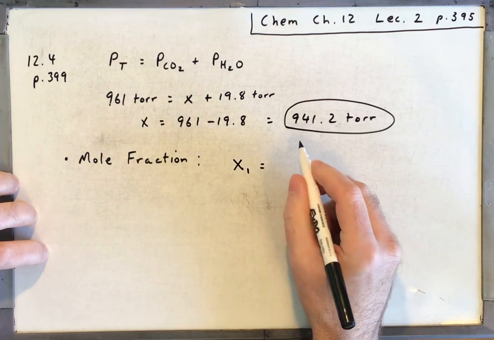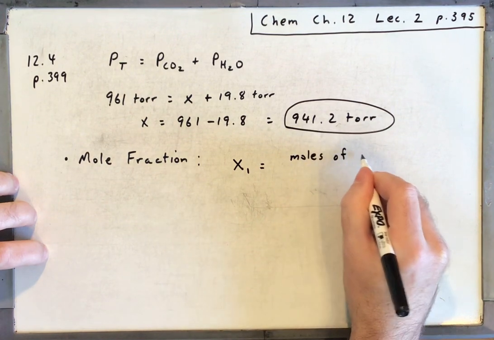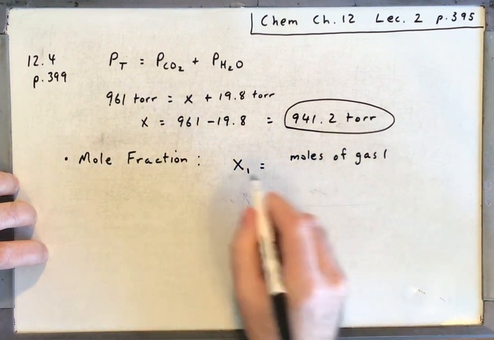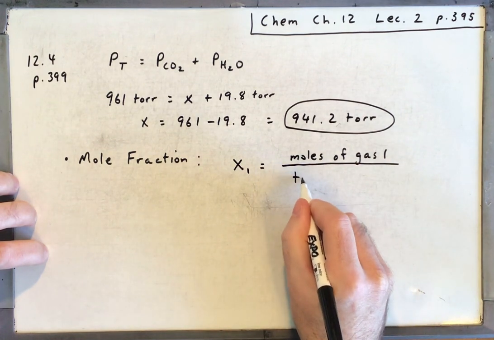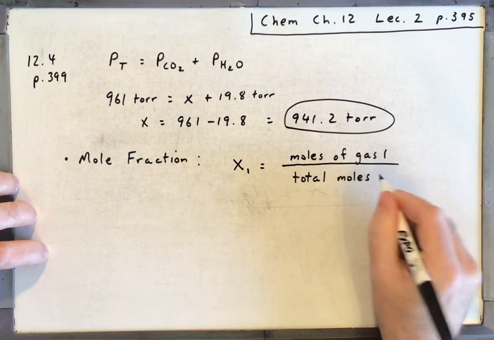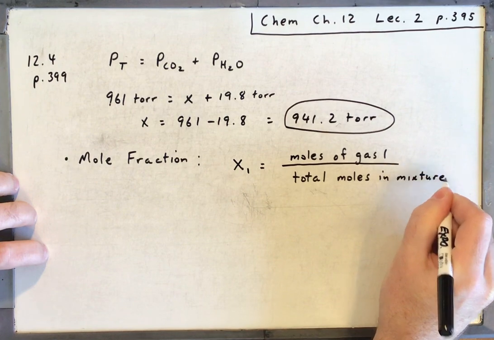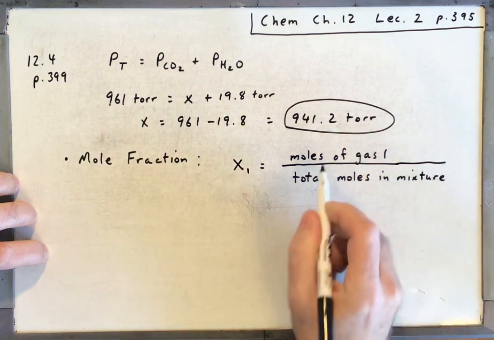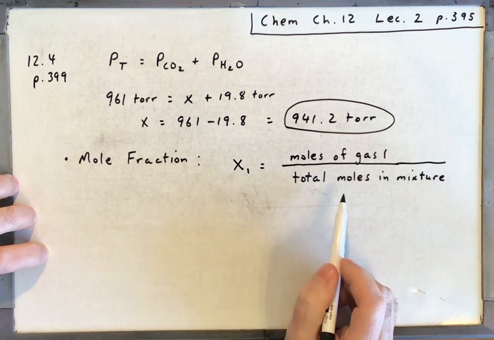It's the moles of gas 1, and this could be gas 2, gas 3, whatever the gas is, over the total moles in the mixture. All right, so that's the mole fraction. We're going to need to calculate mole fraction to figure out the pressure on each gas.